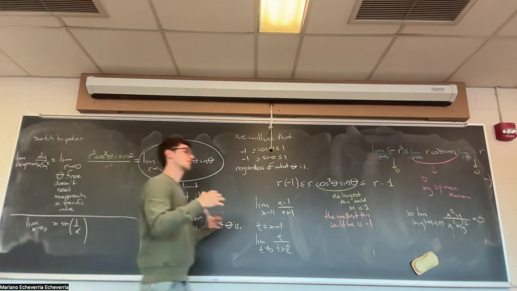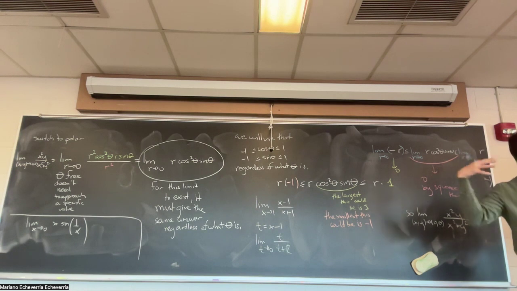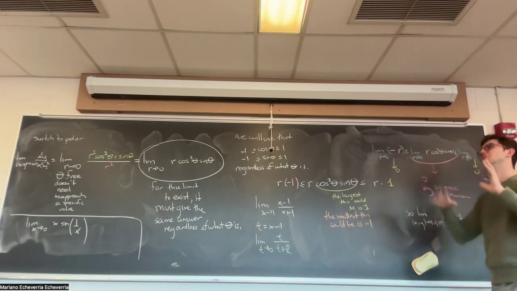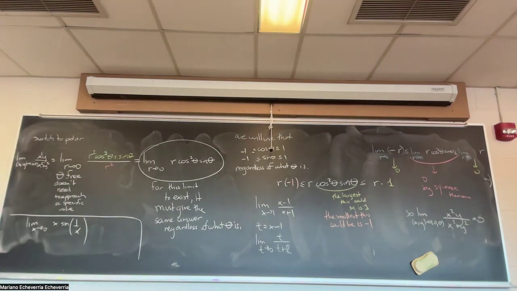It is a stronger condition to have the limit exist in Calc 3 because there are more paths that you could have taken. That's the important thing here, but we don't want to go into all the subtleties, just to get a sense of how that works. Does that answer your question?